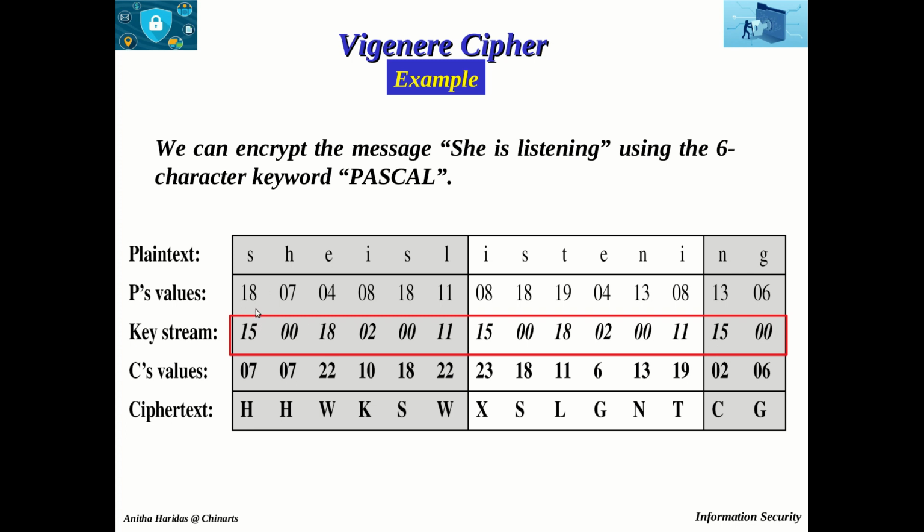We simply add 18 and 15, which will be 33 modulo 26, which gives you 7. And 7 plus 0 modulo 26 gives 7. 18 plus 4, 22 modulo 26 gives you 22. 8 plus 2 is 10, 18. 11 plus 11, 22 modulo 26 gives you the same value, right? So this is how the ciphertext is generated using the Vigenere cipher.